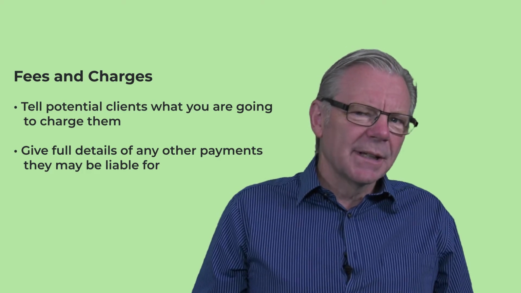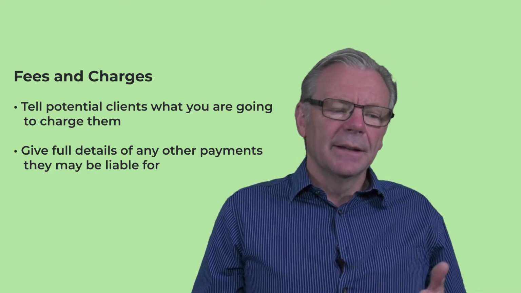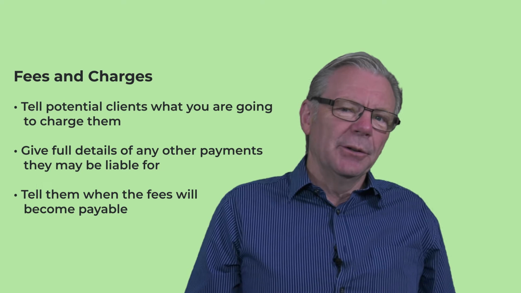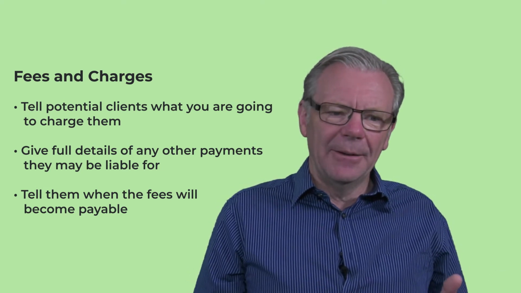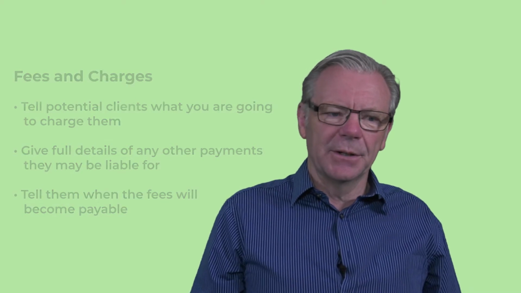If you can't tell them exactly what you're going to charge, then give them estimates, and also tell them when the fees will become payable, so that they're fully aware of everything they need to know as far as fees are concerned. So in general terms, you would put a clause in your terms which says our fees are 1% plus VAT. Make sure you also outline that that is 1.2% including VAT, because the legislation now requires you to quote your fees including VAT.